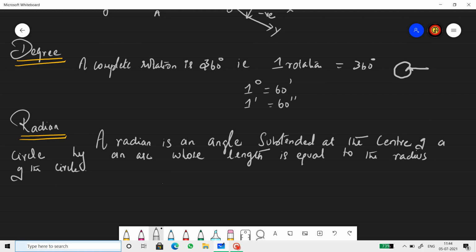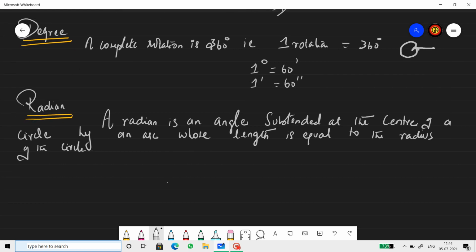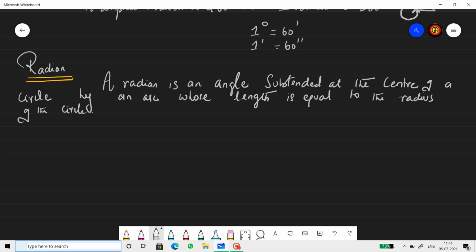Now, radian measure. This is where we have to be very clear. A radian is an angle subtended at the center of a circle by an arc whose length is equal to the radius of the circle. Now let's draw a circle. Let O be the center of the circle.